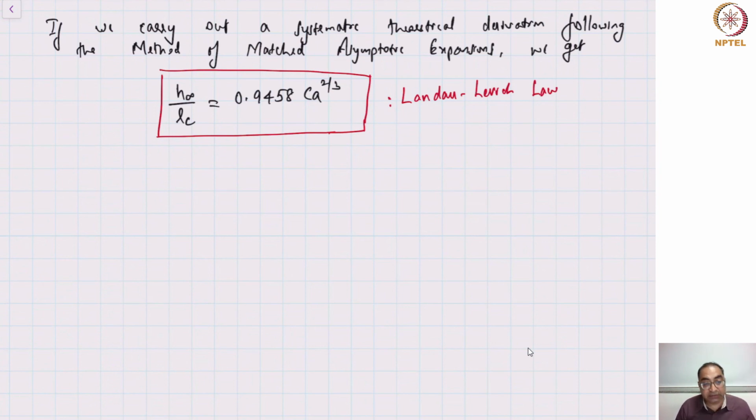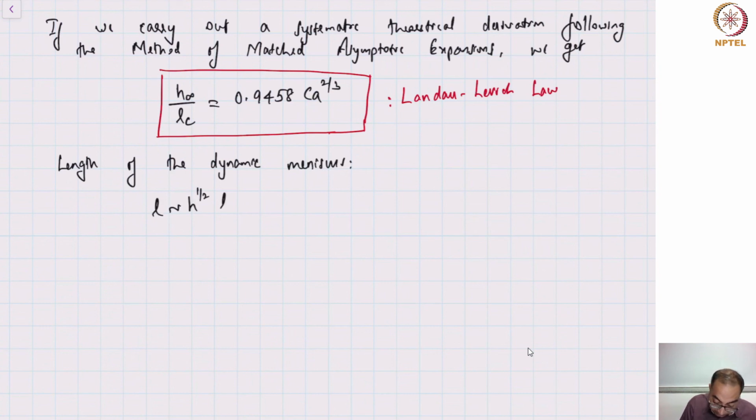Now let's confirm that the assumption that we have made is indeed okay. We had made the lubrication approximation. So let's check what is the length of the dynamic meniscus. Length of the dynamic meniscus L goes like H power half LC power half, and this, if you substitute the expression for H, you get LC times capillary 1 by 3.